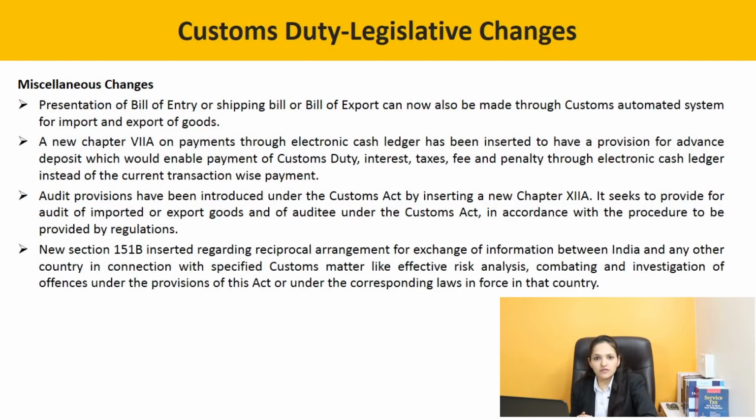A new section 151B is being inserted regarding the reciprocal arrangement for exchange of information between India and any other country in connection with specified customs matters like effective risk analysis, combating and investigation of offences under the provisions of this Act or under the corresponding laws in force in that country.